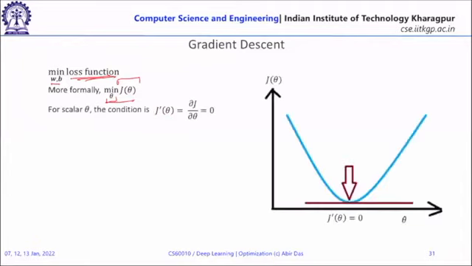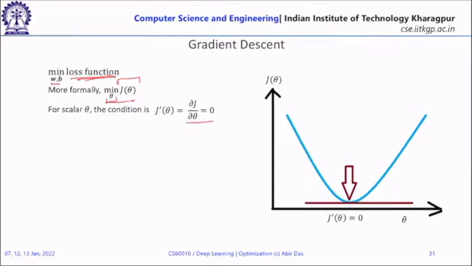So for scalar theta, we have all gone through this in 10+2, or even +1. I don't know where it is. At our time, maxima and minima were in +2. So we have all probably read this: you take the first derivative and equate it to 0.